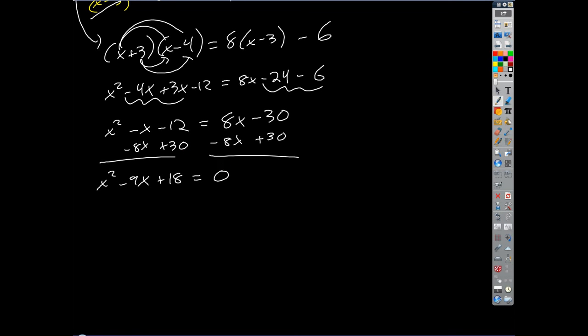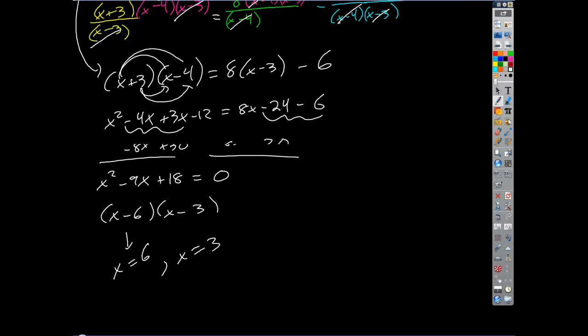So if we solve that by factoring, magic numbers that multiply to positive 18 and add to negative 9 would be negative 6 and negative 3. So we get the solutions x equals 6 or x equals 3.